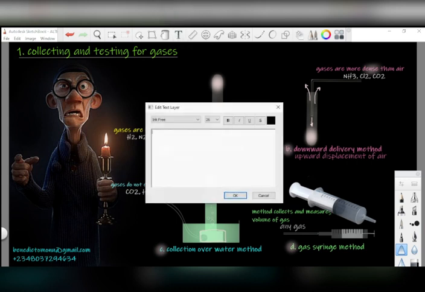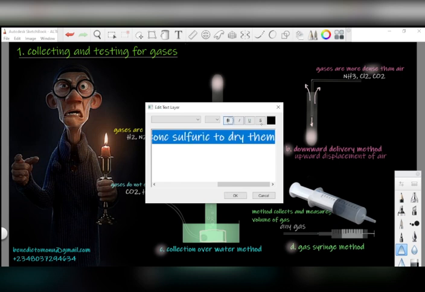So gases are passed through or bubbled through concentrated sulfuric acid to dry them.